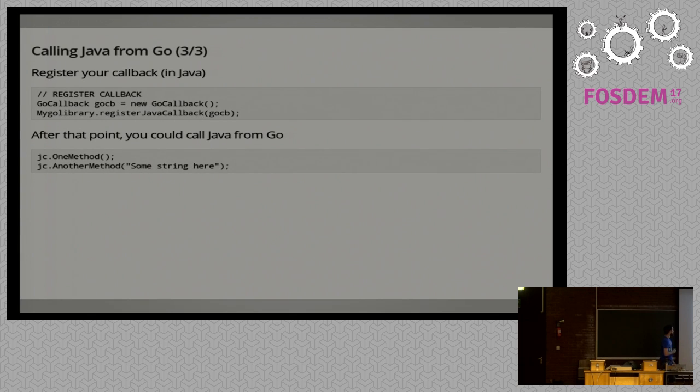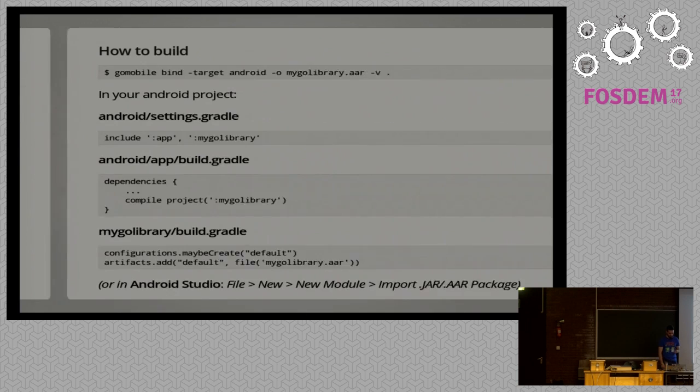And finally, in our Java, we import our package and everything, then we create a Go callback, and then register the callback. So the reference is saved in Go, and later we can call some of our Java methods.